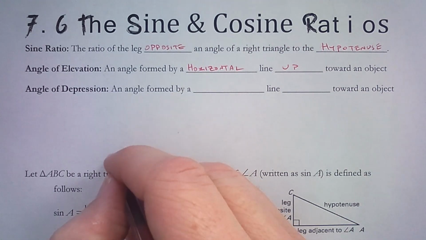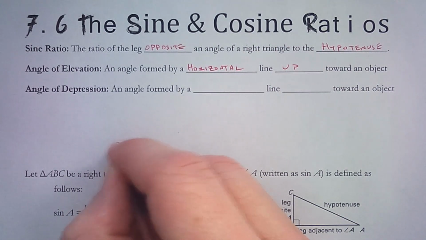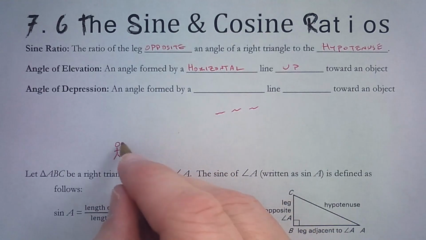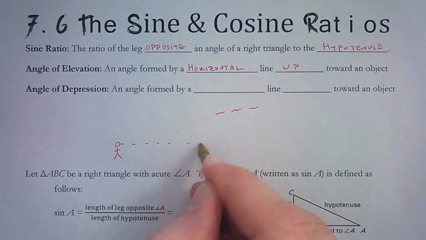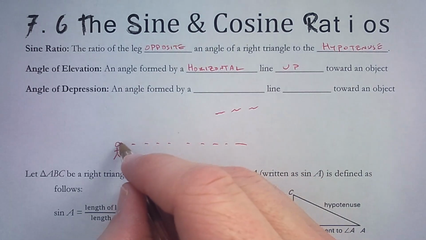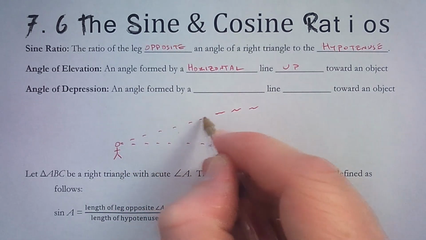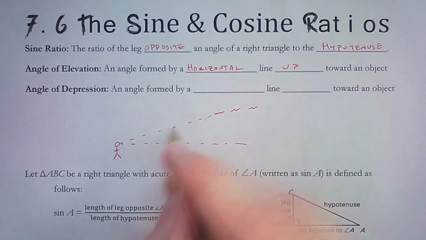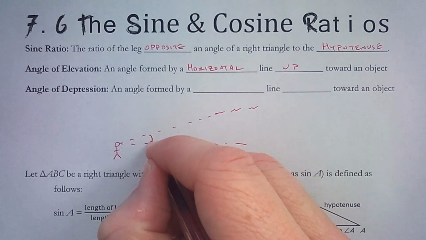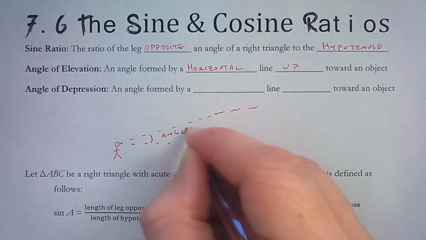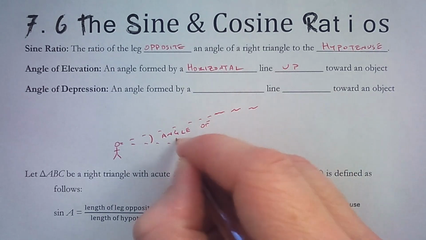Let's just say you're standing here looking up at a flock of birds flying around, and if you were looking straight forward, this would be your line of sight. So there's a horizontal line. And if you're looking up at the birds, this is your line of sight. So we have a horizontal line here and an angle that opens upward toward an object. That is an angle of elevation.